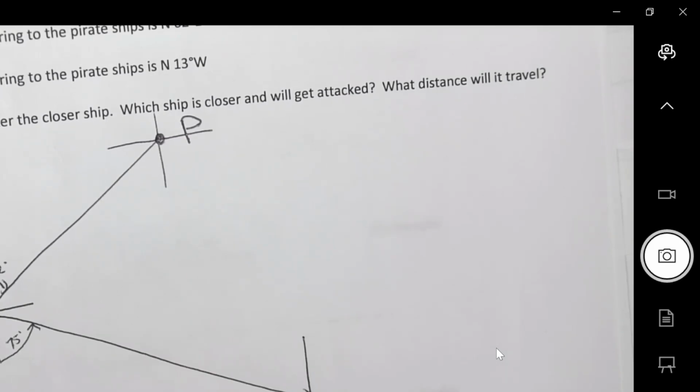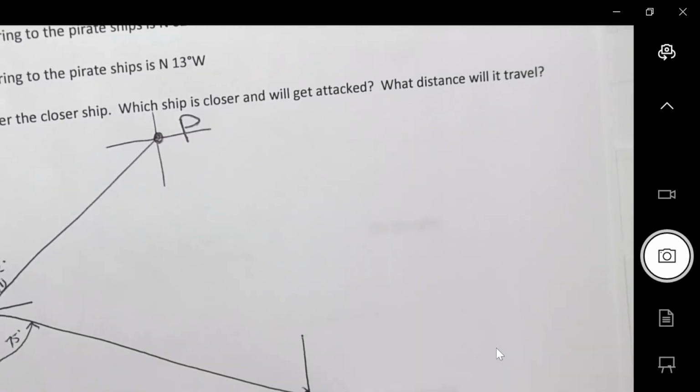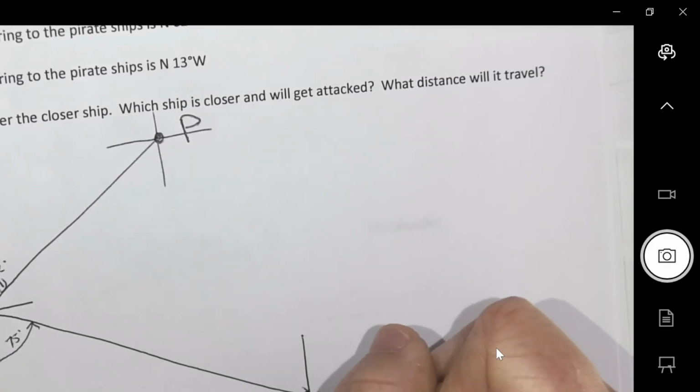Okay, B. So I'm going to go to ship B. The bearing to the pirate ship is north 13 west.